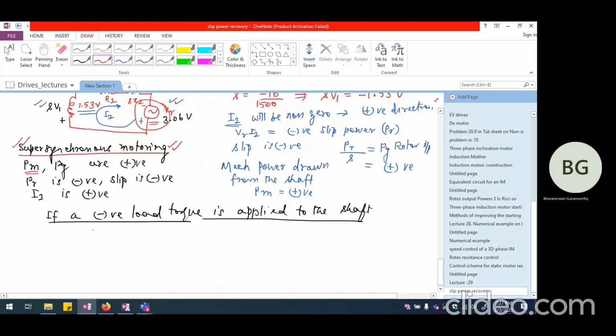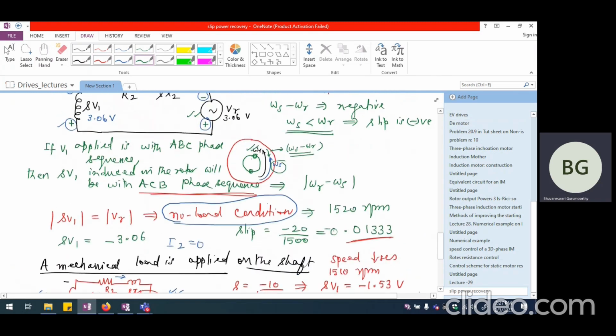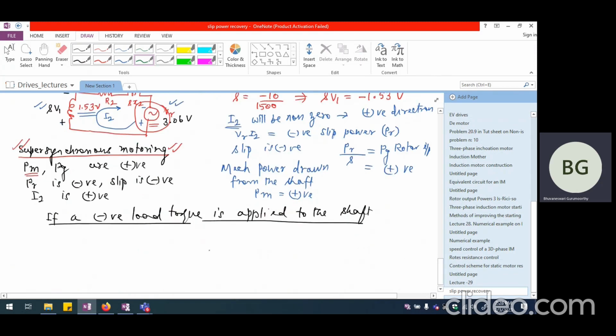Now, let us say I'm connecting a prime mover like a wind turbine to the shaft of the wound rotor induction motor, which is already working at super-synchronous speed. Under this condition, originally the speed was at 1520 RPM, we said. Now the speed would have increased from 1520, so maybe it has gone to 1530 RPM because we are applying a negative torque.